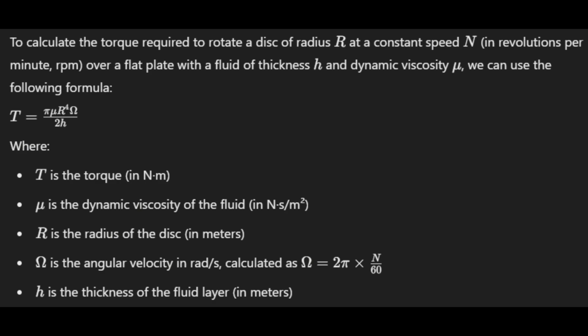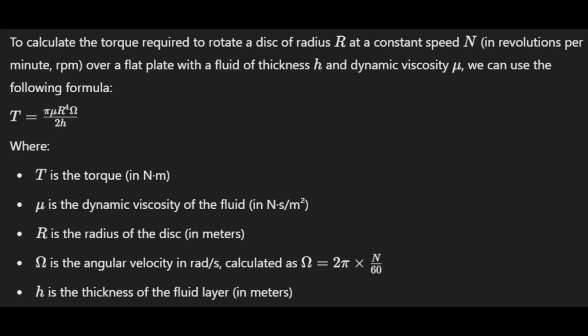Anyway, the representation is angular velocity by 2 pi h. So this is a fixed formula of this condition, that is the torque required for a disk having a radius r at a constant rpm n, having a thickness h. So we have to substitute the angular velocity as 2 pi n by 60.